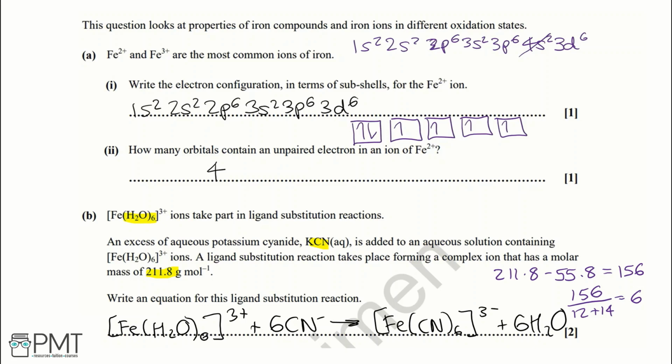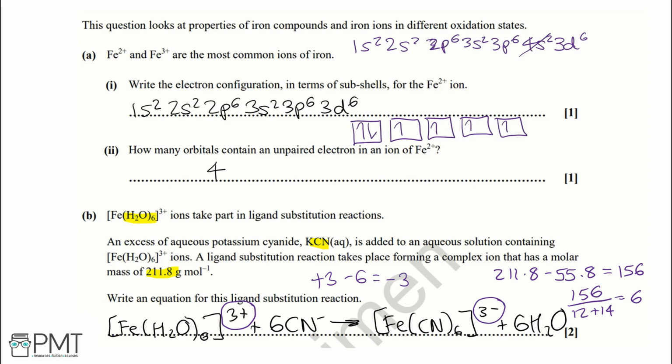So with water, which is a neutral ligand, it would have a 3+ overall charge for its complex. But for cyanide, which has a negative charge, if we've got iron 3+ and cyanide 6-, because there are 6 of them, each with a minus charge, we're going to have plus 3 minus 6, which gives an overall charge of minus 3, which is what we can see here, or 3-.